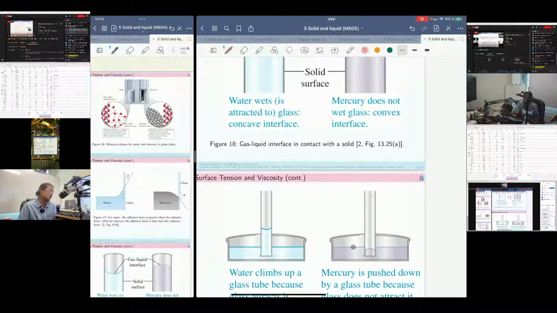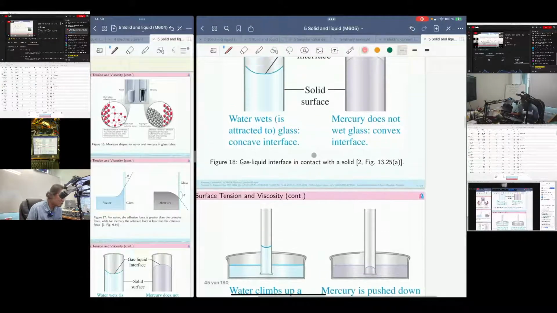Okay, and what is the reason behind that? The reason behind is as follows. As you know, the water molecule and the glass molecule have the strong adhesive force, right? The attractive force between water molecule and the glass molecule is very, very strong.